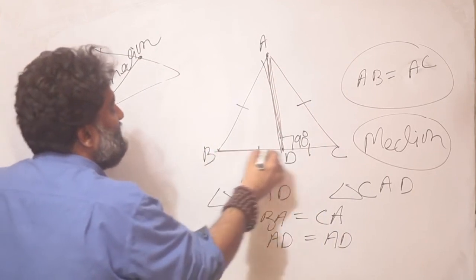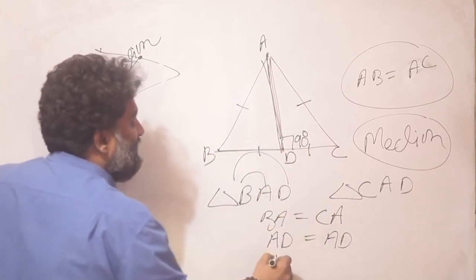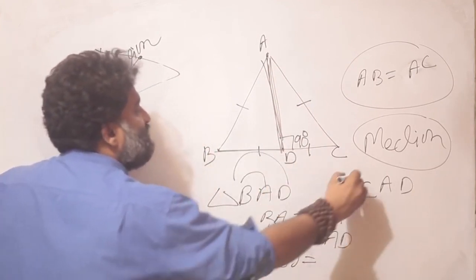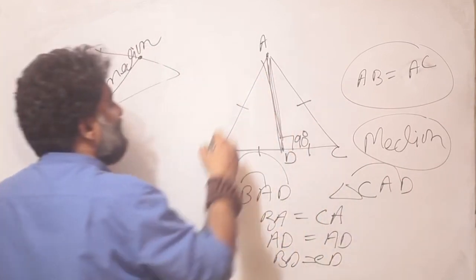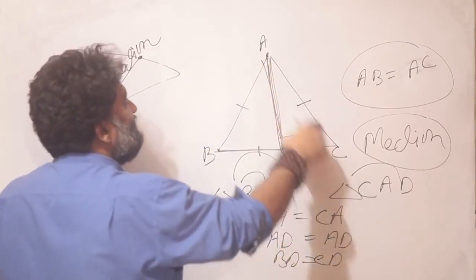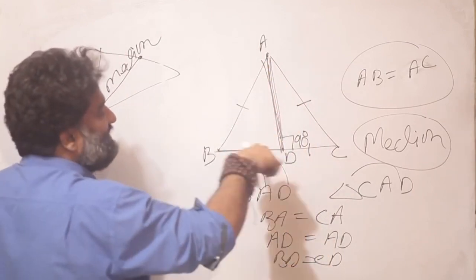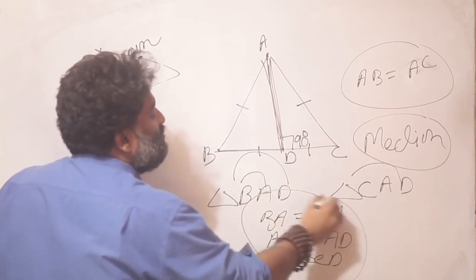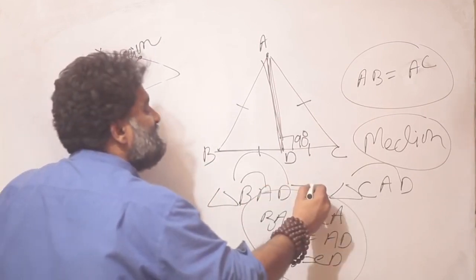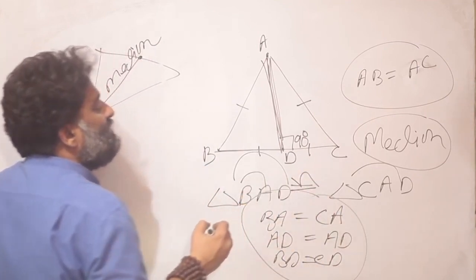And I also see that BD is equal to CD. So I see that for triangle BAD and triangle CAD, and I am naming them in the corresponding order also, all three sides are equal to each other. That means these two triangles are congruent to each other.